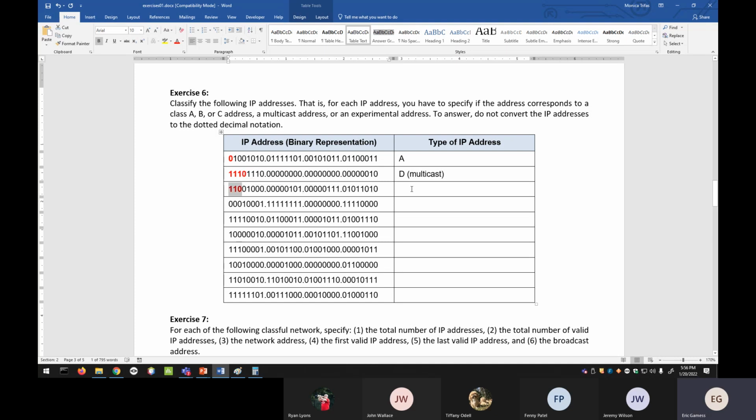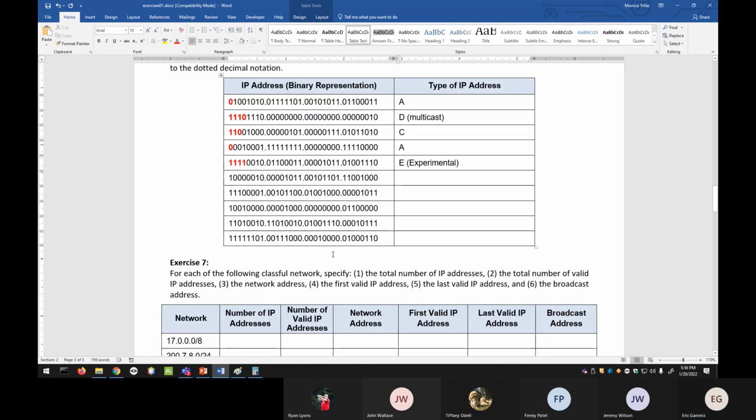So I just look at the first bits and I know. What about this one? A. What about this one? Experimental, correct, which is class E. This one is experimental. What about this one? B.